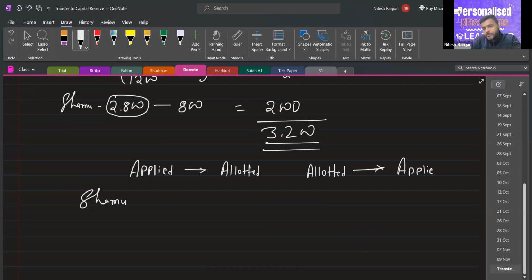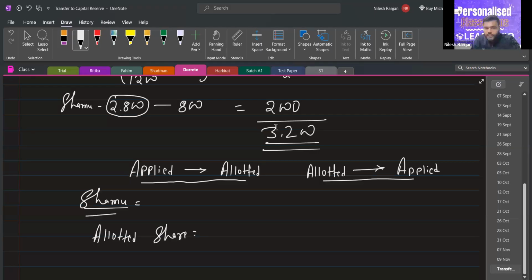In oversubscription, applications received are more, but we don't have enough shares, so we issue fewer shares. That's why applied and allotted shares are different. Whenever there is a case of oversubscription, you have to do this. Now, in the case of Shamu, who had applied for 700 shares, the applied share is given, so we have to calculate the allotted share.